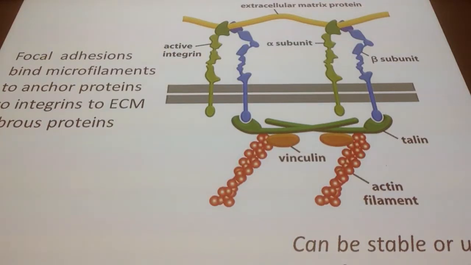Okay? A few more things about this slide: on the extracellular side, the matrix side, since focal adhesion performs a different task, it binds to different components of the extracellular matrix. In this case, it's collagen instead of laminin.